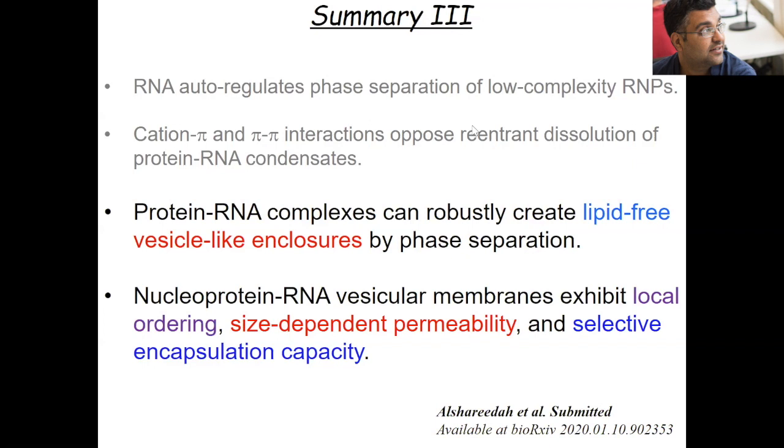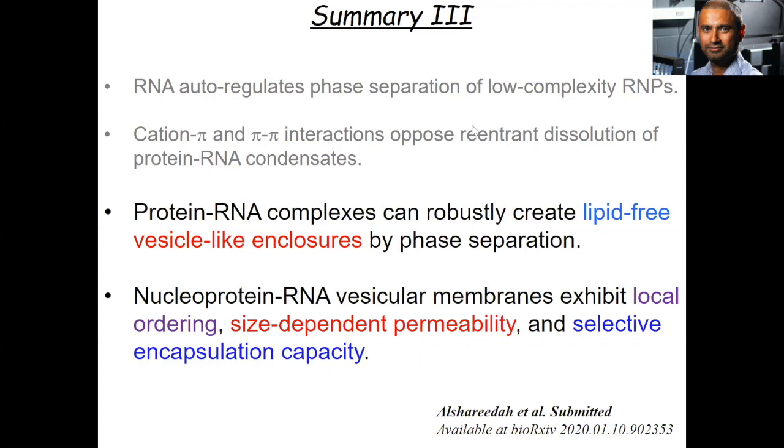There's one more question. It's from Shengqi Xiang. Is the surface and the interior of the droplet the same? Is the droplet homogeneous? We haven't done experiments to tell you that, but we see under micellar conditions, where you have RNA on the surface, is different than the internal part of the droplet.